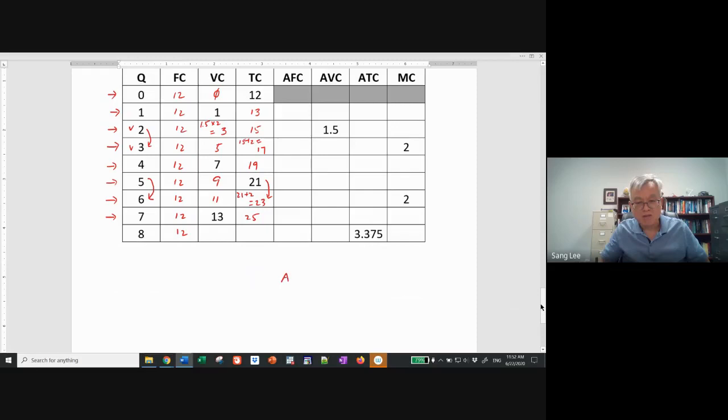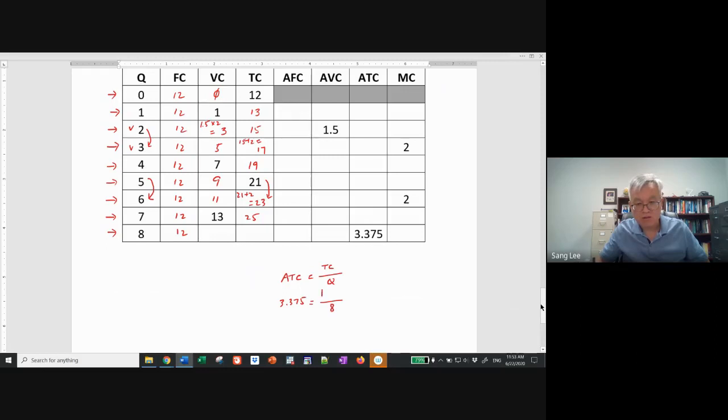Average total cost is what? Total cost divided by Q. So we already know the value of average total cost. That is 3.375. That number is given. What's the quantity? 8.